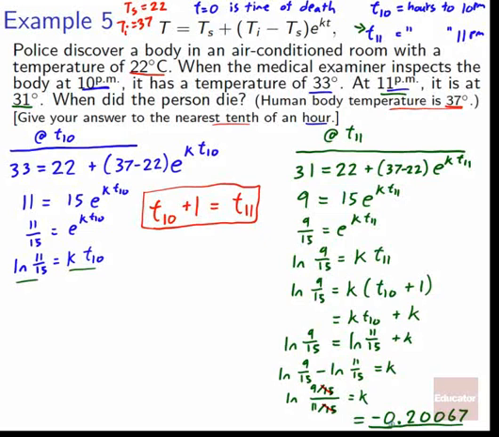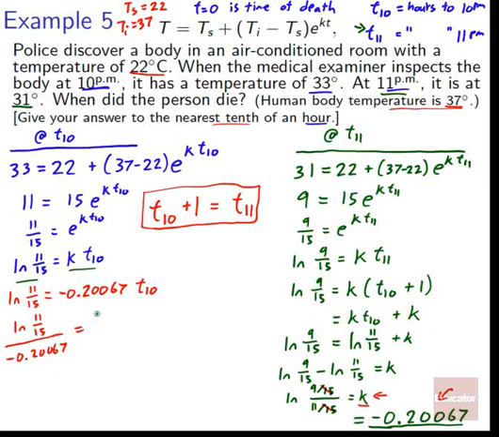Great! That means we can now take this piece of information right here. We know what k is. We slot that in over here. We've got natural log of 11 over 15 is equal to negative 0.20067 T10. Sorry, I accidentally wrote an extra 0. We divide by that. We've got natural log of 11 over 15 divided by negative 0.20067 equals T10.